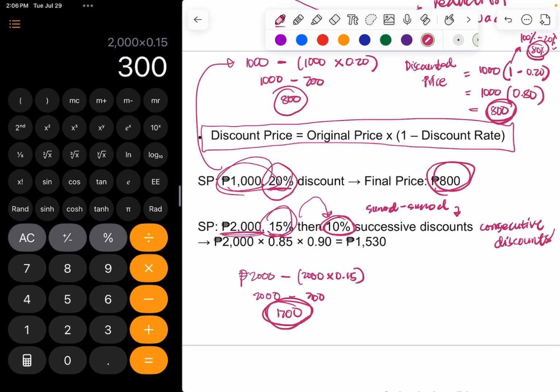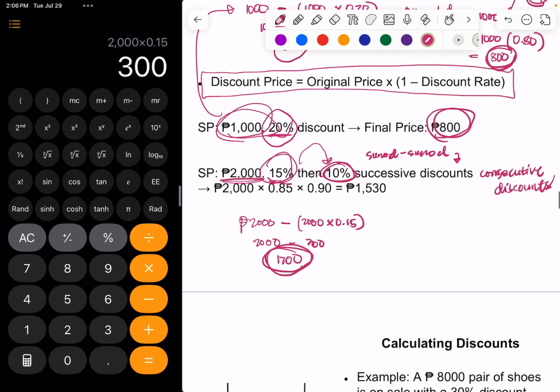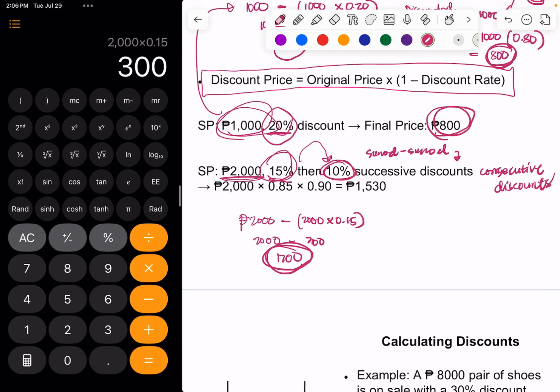Now using this amount, i-apply na pod nato ang 10% discount. So that means 1,700 minus 10% discount. What is the 10% of 1,700? So 1,700 minus 170.